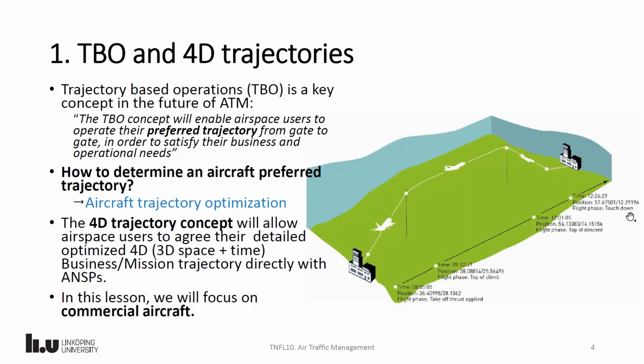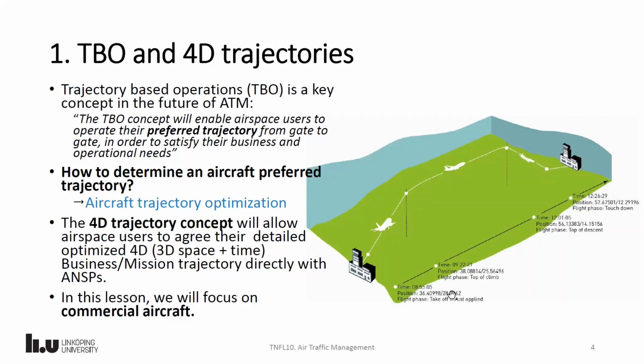In this figure over here, we have an example of what a 4D trajectory would be. For each important waypoint in the trajectory, we have not only the position, but also the time.